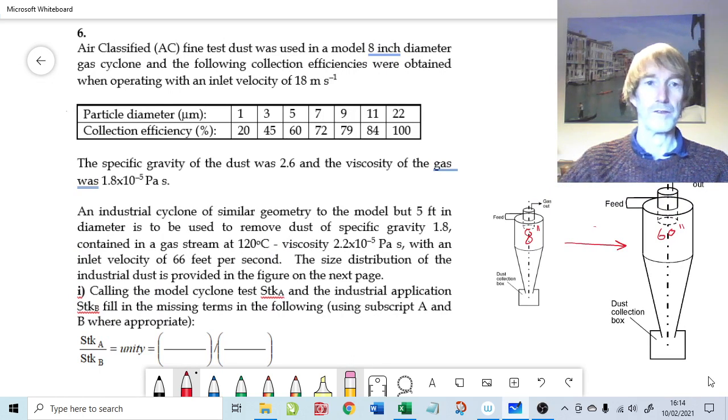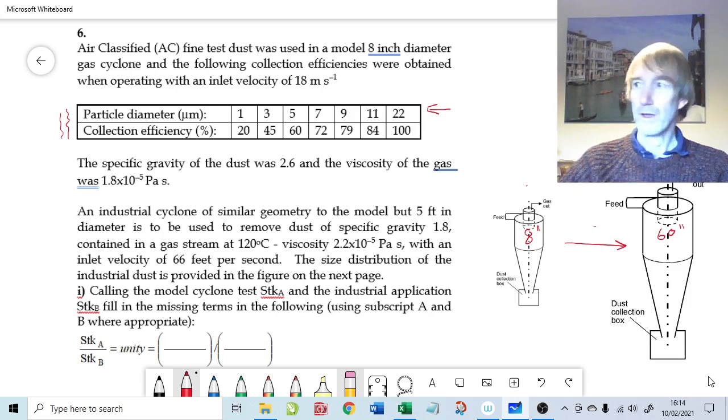This collection efficiency in this table, we're going to transform from the sizes that are given in this row into what the equivalent sizes will be in our larger diameter cyclone, our 60-inch cyclone.